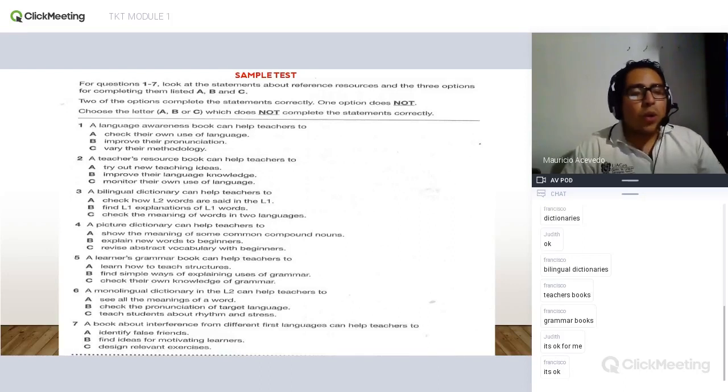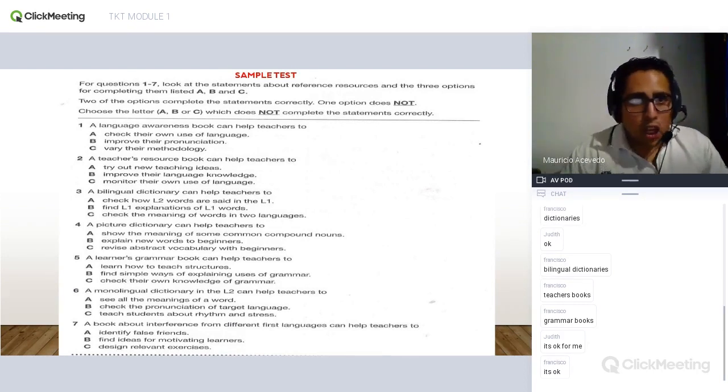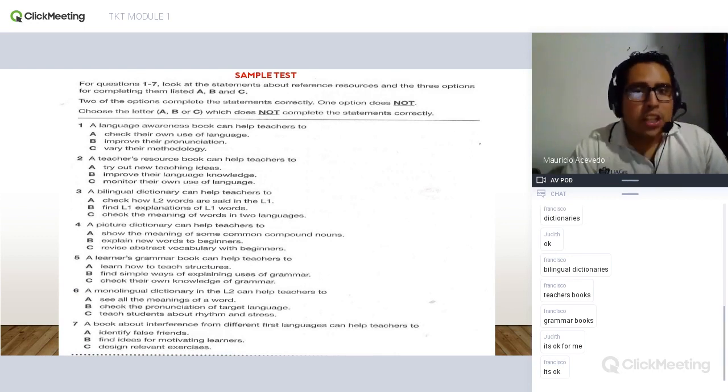For questions from 1 to 7, look at the statements about reference resources and the three options for completing them listed in A, B, and C. Two of the options complete the statements correctly. One option does not. Choose the letter A, B, or C, which does not complete the statement correctly.